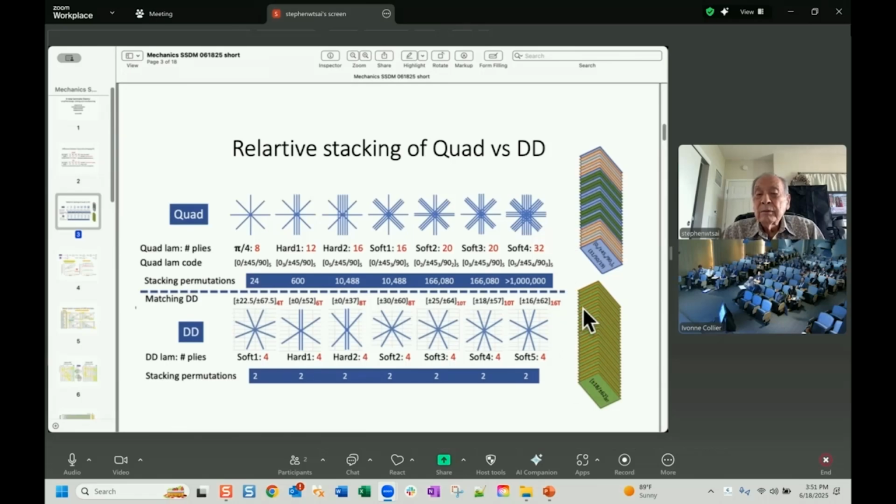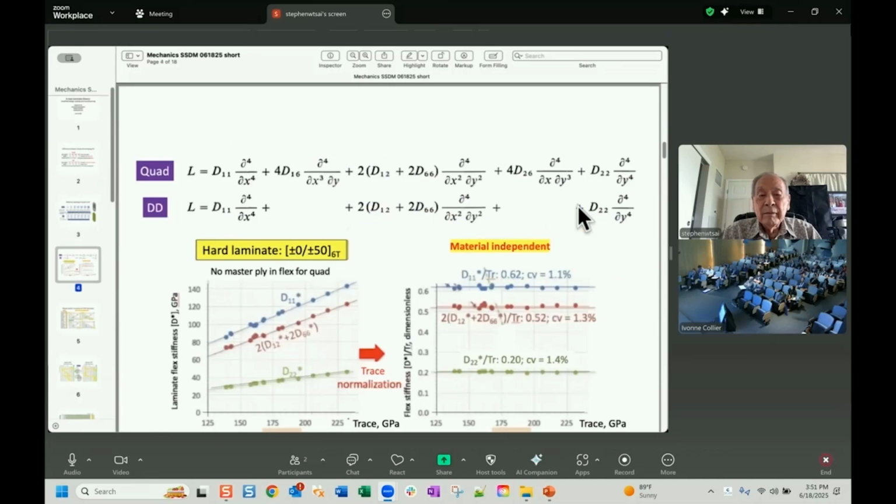With the double-double, the most important part is that it is homogenized, so that if it's homogenized, you can taper without fear, whereas in the quad, you have to be symmetric, and then you have the stacking sequence, and you cannot drop plies. If you drop plies to save weight, you change the laminate.